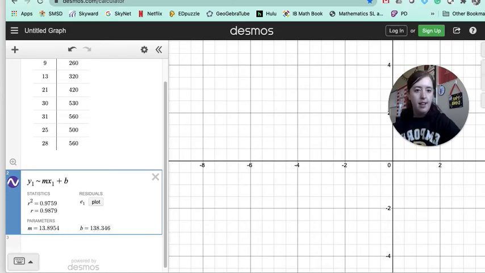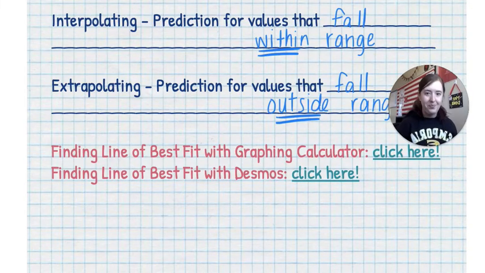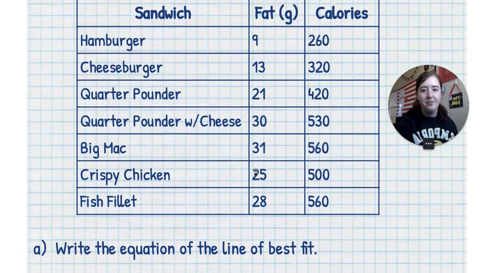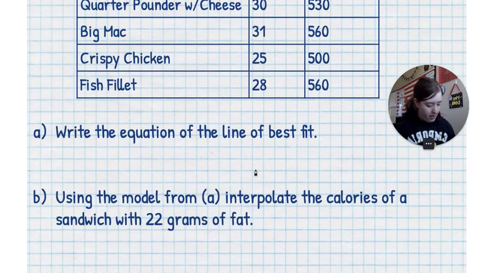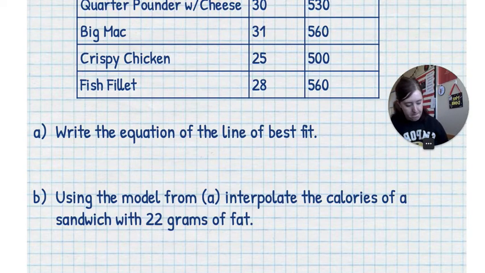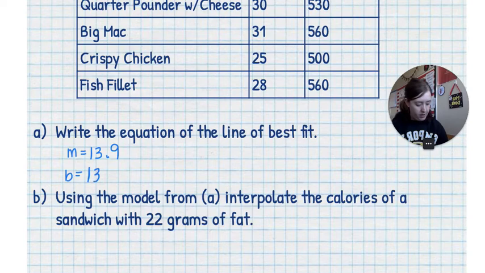So let's go back and look at this. Okay, so we want to write the equation of the line of best fit. We found out from Desmos that m is supposed to be 13.9 and that b is supposed to be 138.3.